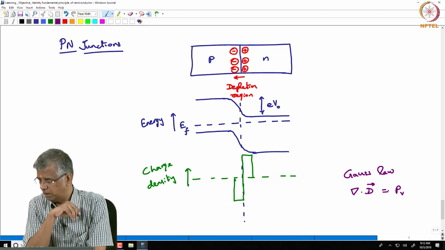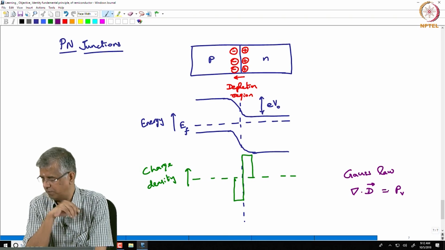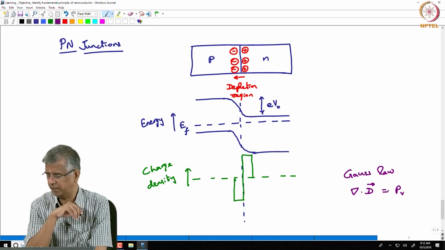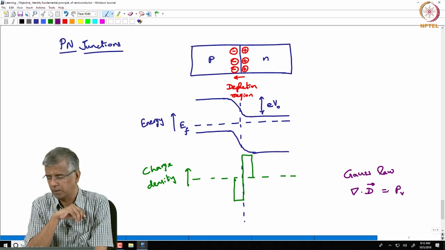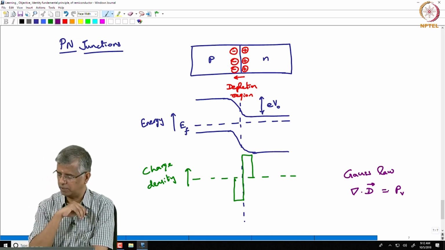The divergence of the electric field displacement is given by the volume charge density, and of course, the integral form of that will say that the integral of D dot dl is going to be equal to the charges present.